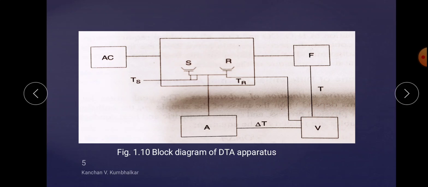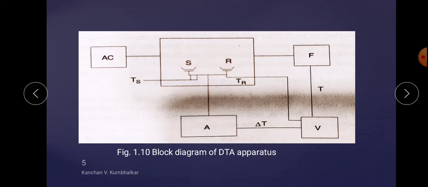The temperature of the furnace is measured by a separate thermocouple T, which is connected to the x-axis of the recorder. So this delta T data is fed to the y-axis, and this temperature of the furnace is fed to the x-axis of the recorder.